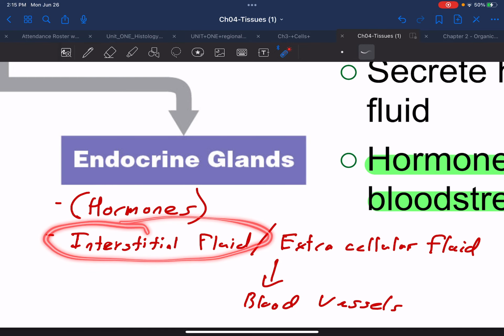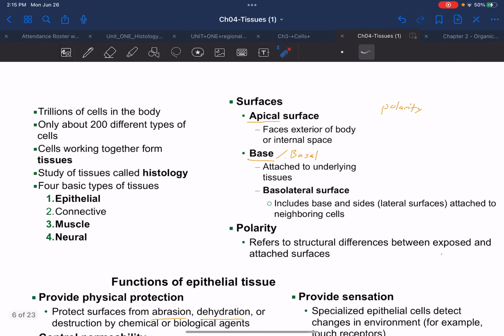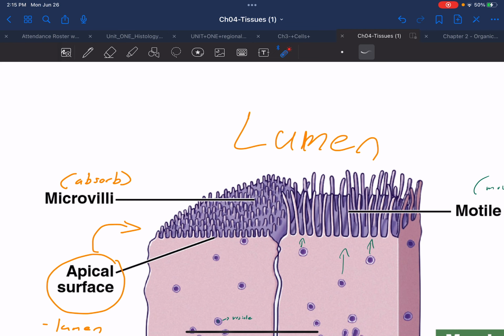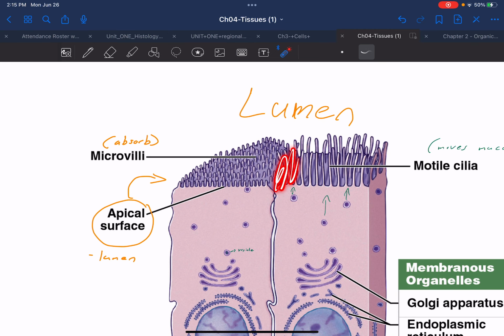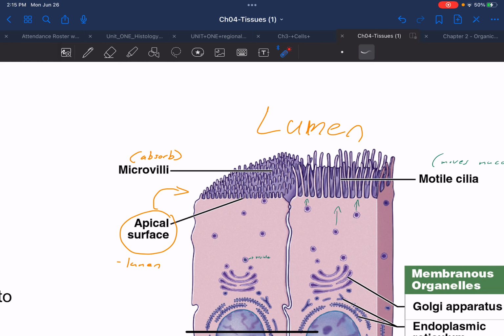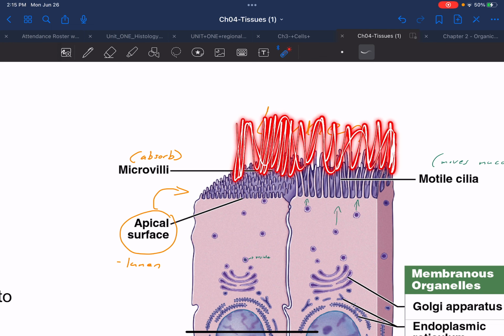Interstitial fluid. The reason it matters is because you'll notice that these cells, and this is like a drawing to show you the difference between cilia and microvilli, but you will never see cilia and microvilli like this. This is just an animation. But what is in common with this space is that if you were just thinking that they were the same cell, this fluid, they share it.